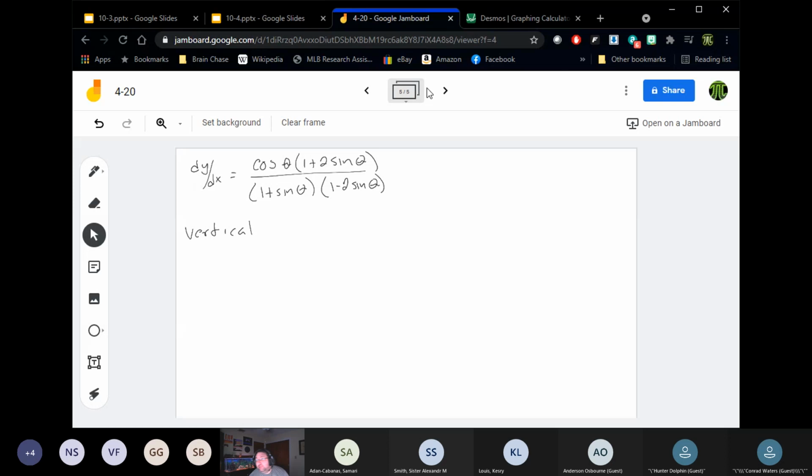So for vertical, I'm setting the top, cosine theta and then 1 plus 2 sine theta, equal to 0. So which values are going to give me 0 for cosine on my unit circle?